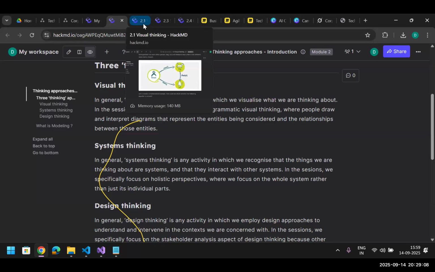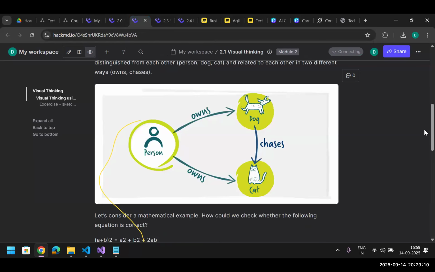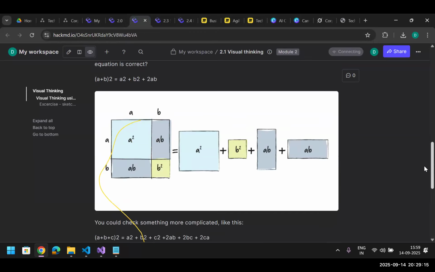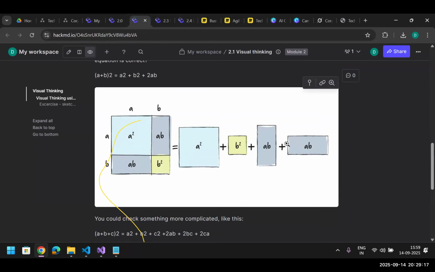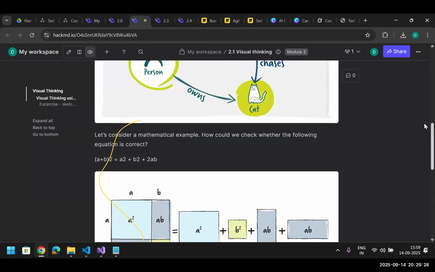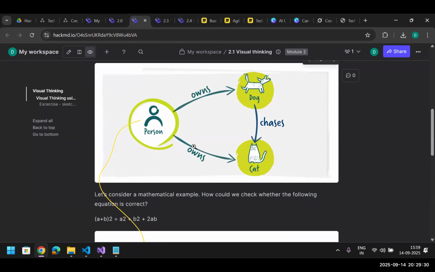For example, if I ask what (a + b) whole square is equal to, how do I represent it? This is the graphical representation, right? By visualizing something, our communication and collaboration improve. If, as a business analyst, we diagrammatically represent something like this: a person can own a dog, a dog can chase a cat, and the person owns a cat.